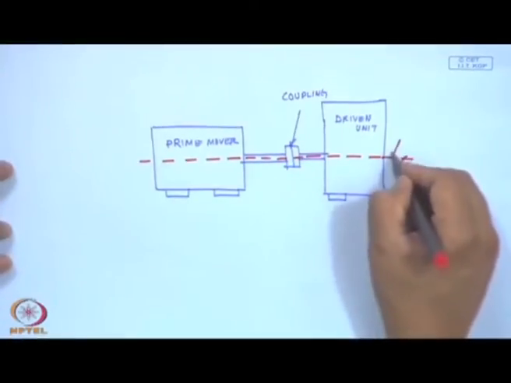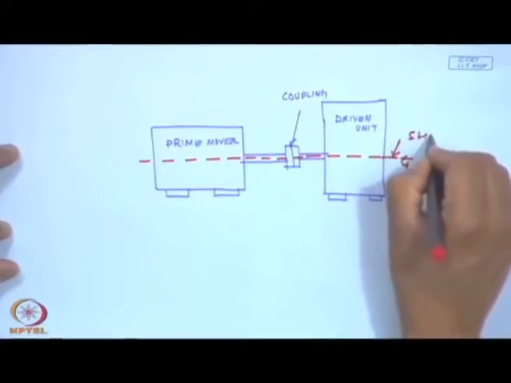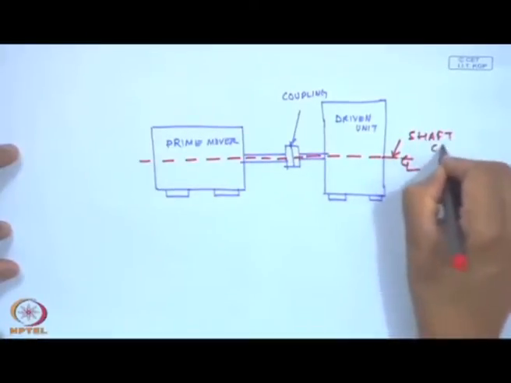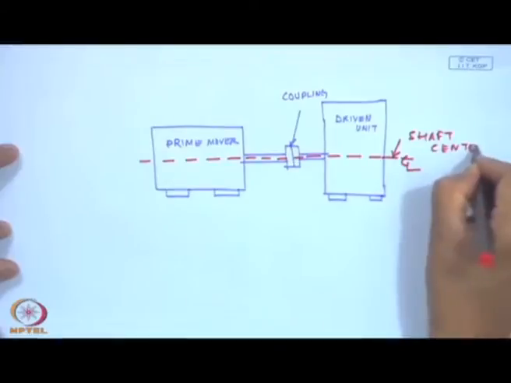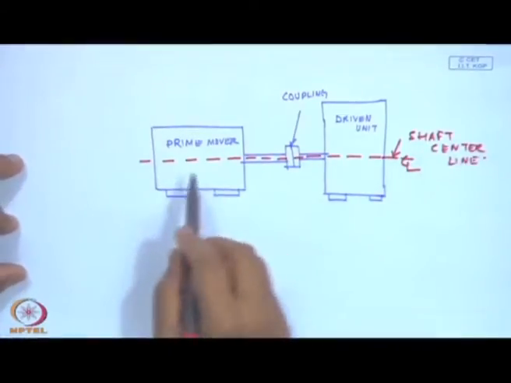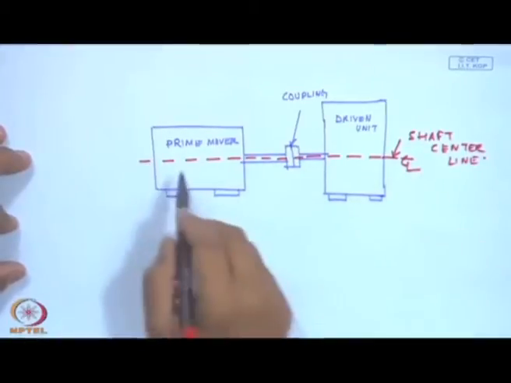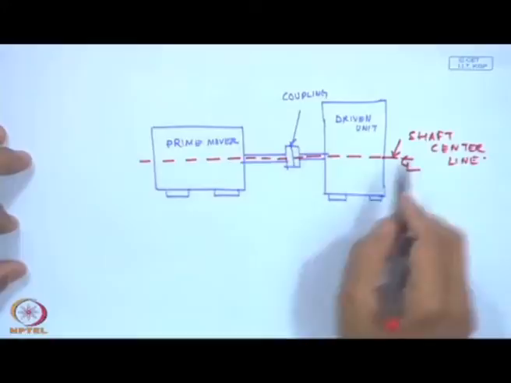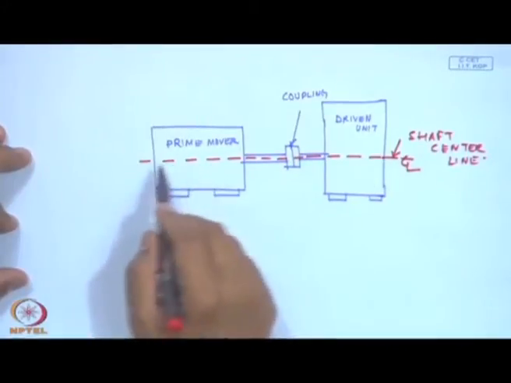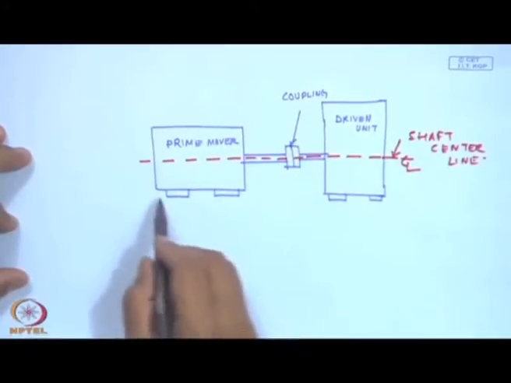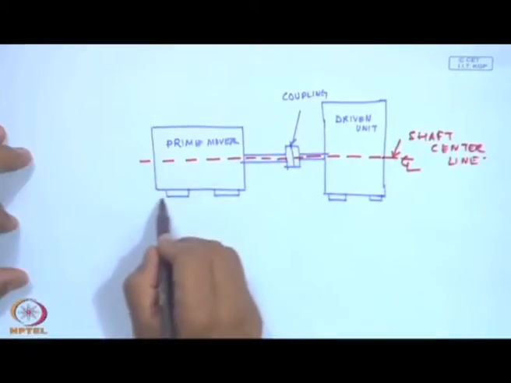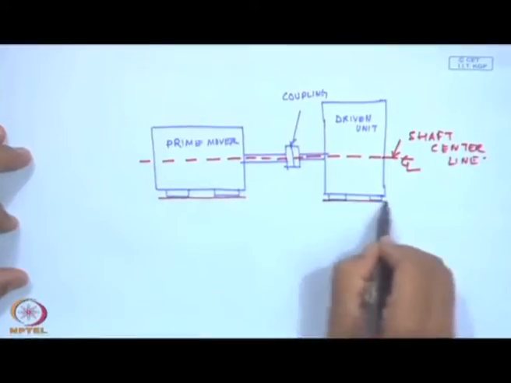Basically, this dashed red line is the shaft center line between the prime mover and the driven unit, and they have to be in one straight line, horizontal to the ground.